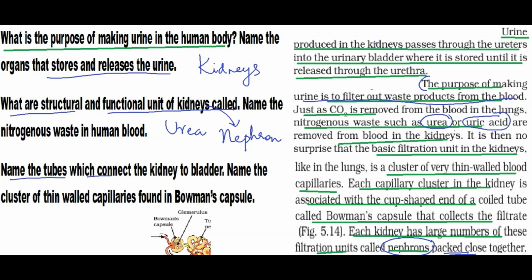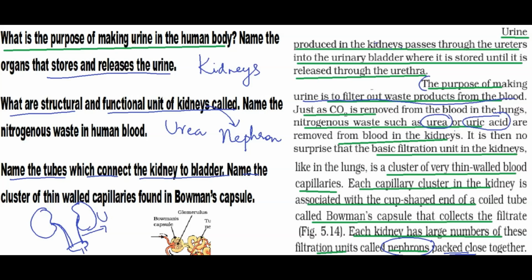Name the tubes which connect the kidney to bladder. So what are the tubes that connect the kidney to bladder? Now these are the kidneys. There are tubes that arise from the kidney going down towards the urinary bladder. What are these tubes called as?